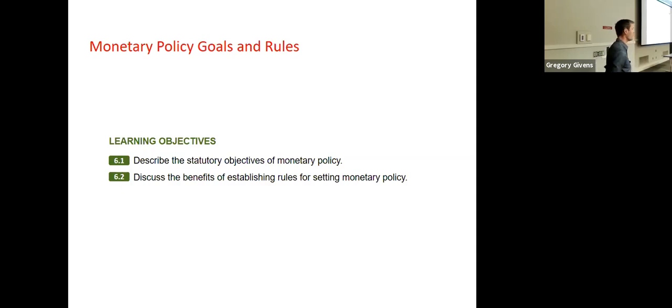Okay, and we'll talk about what those objectives are. They are embodied in this thing that the Federal Reserve references all the time called its dual mandate. You may have heard of that in these kinds of policy discussions that you see in the news sometimes. We'll talk about what the Fed's actual dual mandate is and how they try to go about accomplishing it in practice.